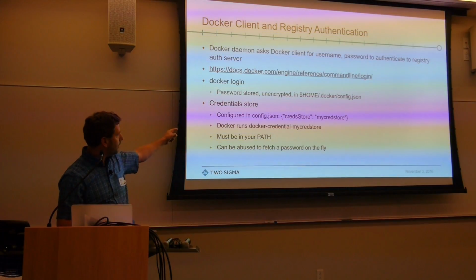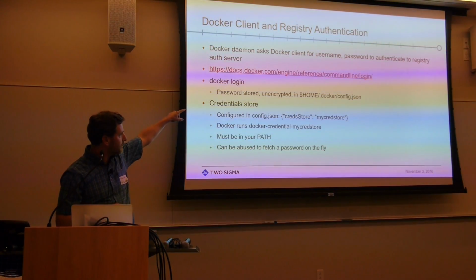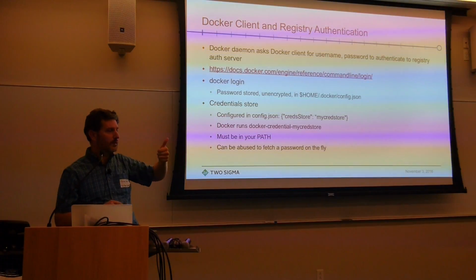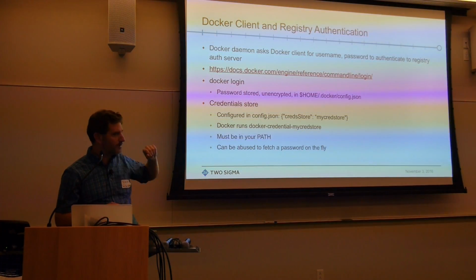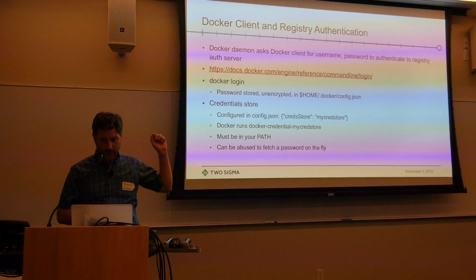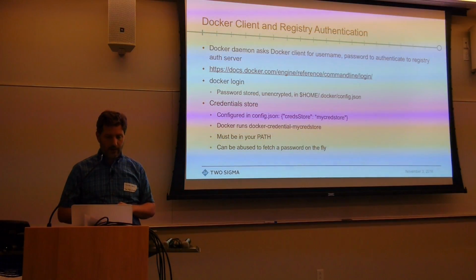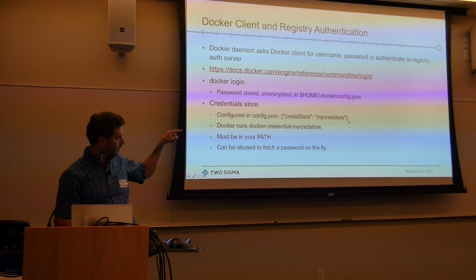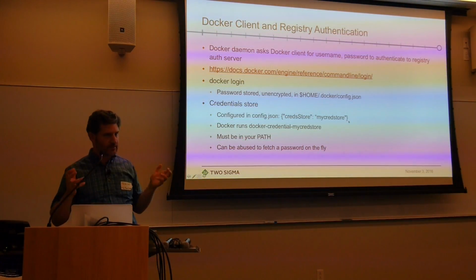So how do you do this? Docker is configured by a config.json file that lives in $HOME/.docker. In there, if you want to use a credential store, you put some simple JSON, so you basically say credsStore and some string.